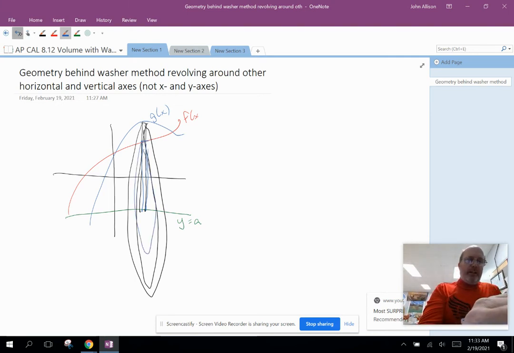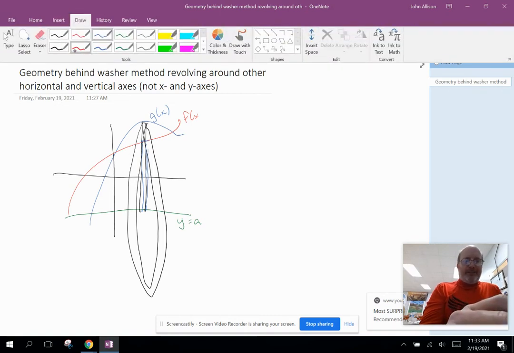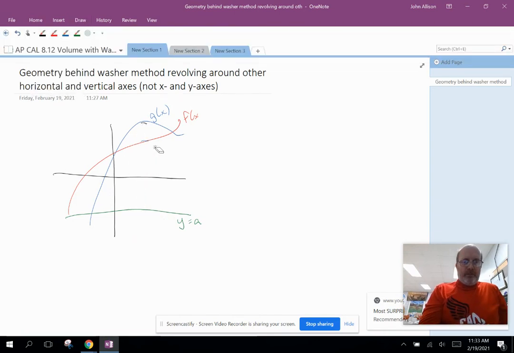So what we mainly need is to find the radius of that larger and smaller disk. The large outside disk. And so what we need is an expression for this integral.